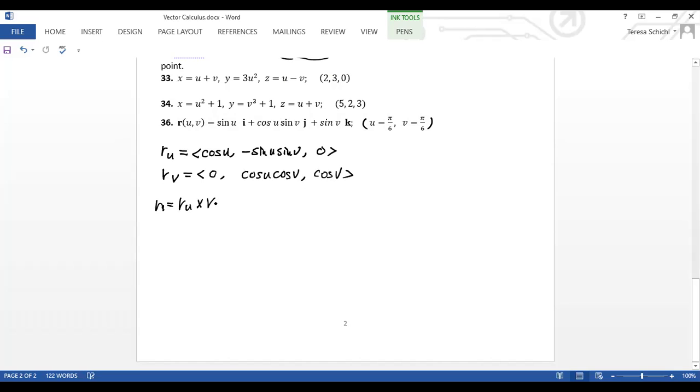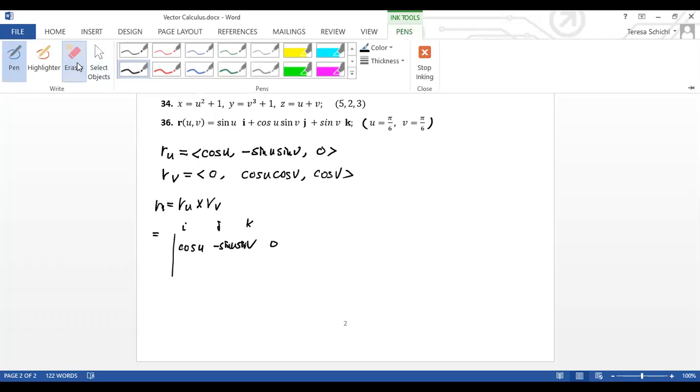Then I know the normal vector will just be r_u cross r_v. We do the same thing as before, with i, j, k. For r_u we put cosine u, negative sine u sine v, and 0.